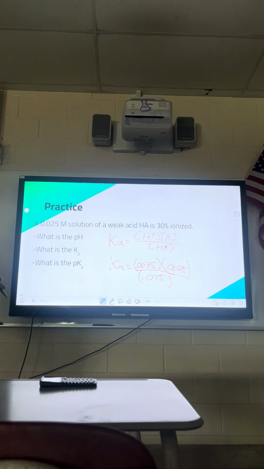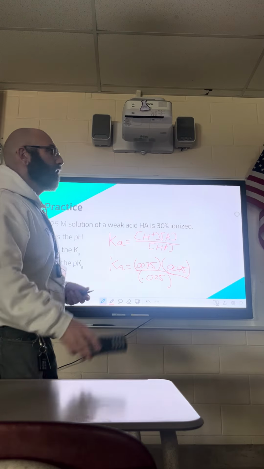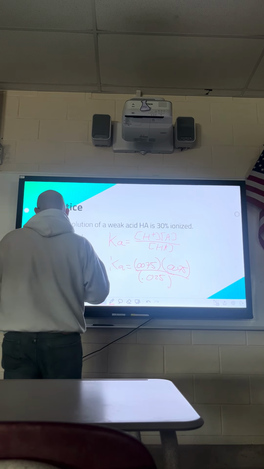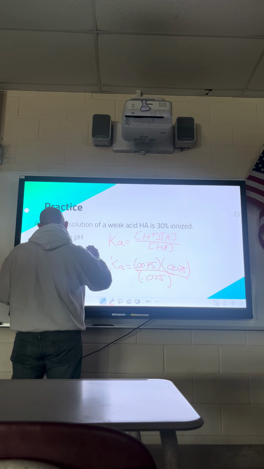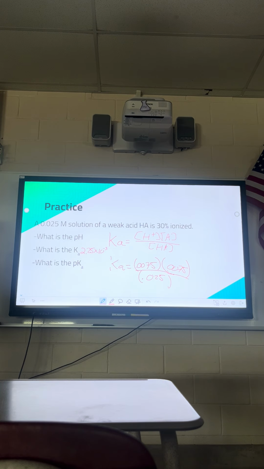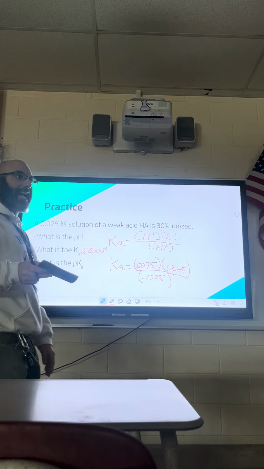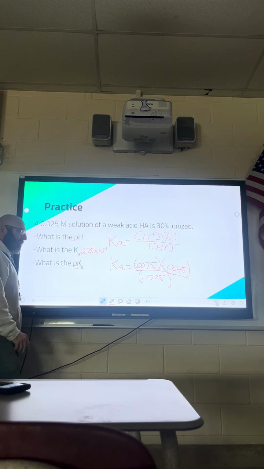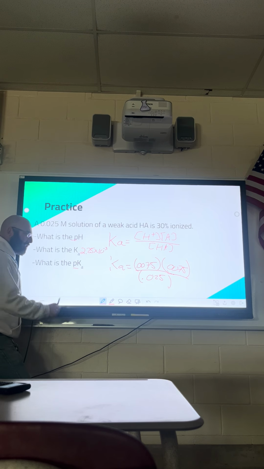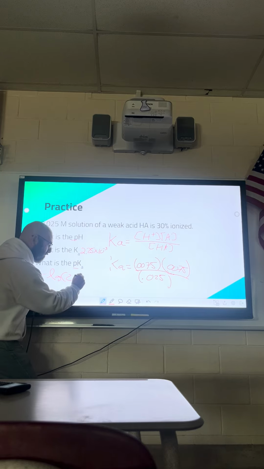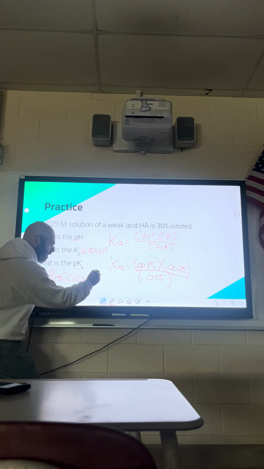Now we can just do some quick math. We multiply the top two numbers together and divide by the bottom. Then we're getting 2.25 times 10 to the negative third. And then last but not least, in chemistry, p stands for negative log, so the pKa is the negative log of Ka, so the negative log of 2.25 times 10 to the negative third.